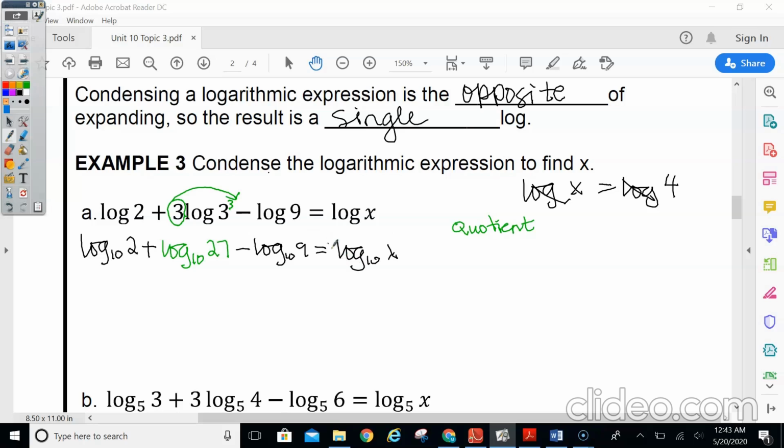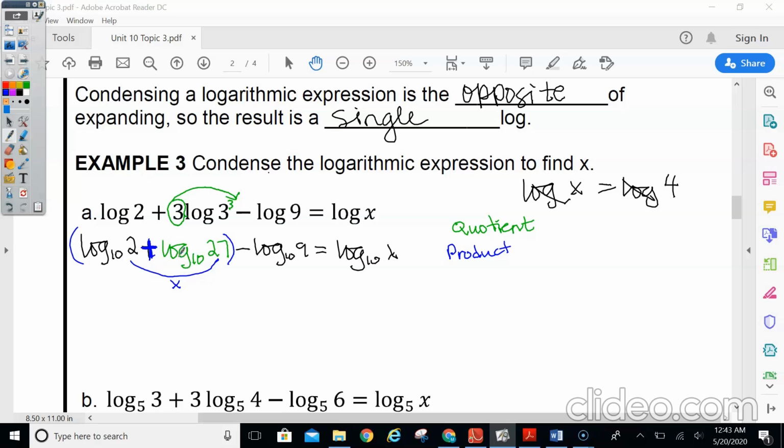Okay, so now you just combine left to right. Whatever comes first, you group these two together. We're going to combine these two, because they come first. So since we're adding the two logs, the product rule says to multiply their arguments together.